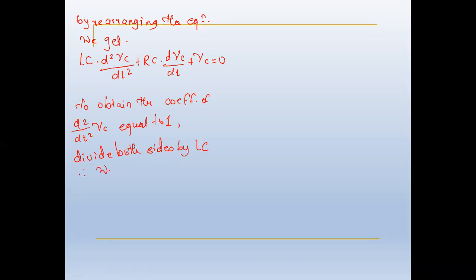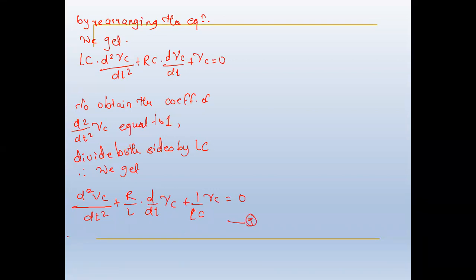Therefore, we get d square VC by dt square plus R by L into d by dt of VC plus 1 by LC into VC, which is equal to 0. Let us call this equation number 9.